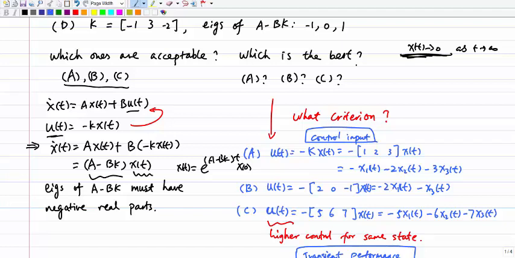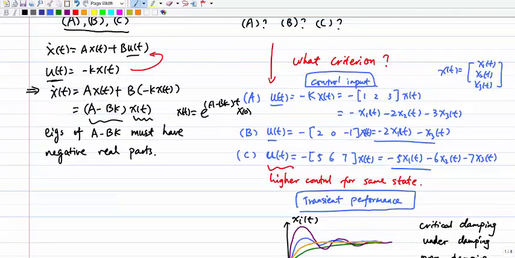Assuming here my state is x1(t), x2(t), and x3(t), I can compute the form of u(t), which is given by negative x1(t) minus 2x2(t) minus 3x3(t). I can also compute B and C in this way.